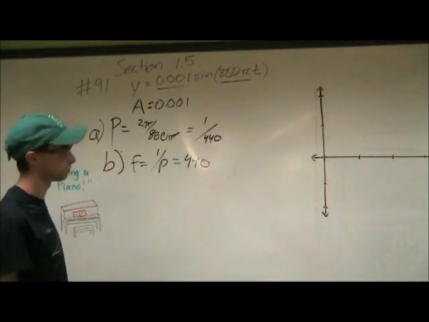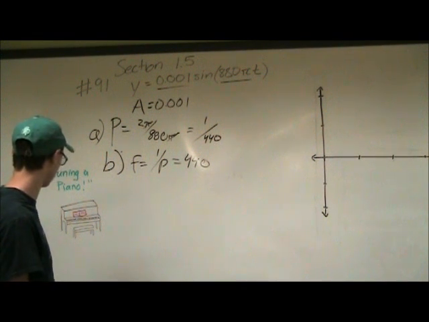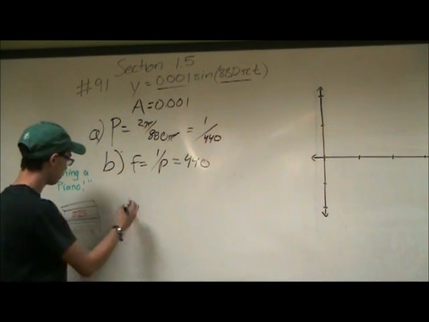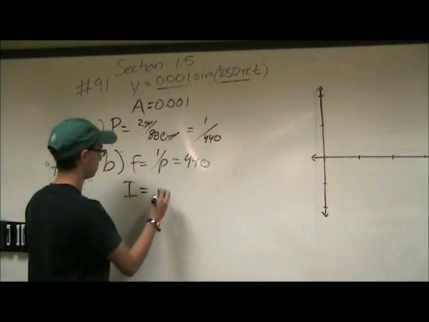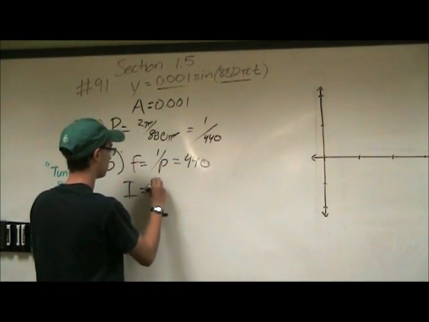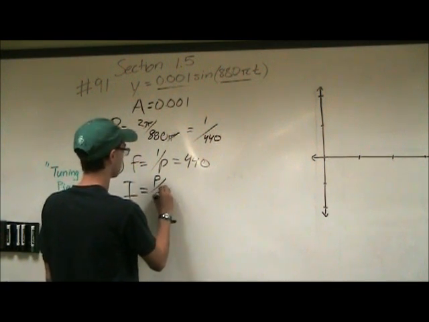So now it just wants us to graph, which to graph anything, we need the key points. So I is equal to period over 4.